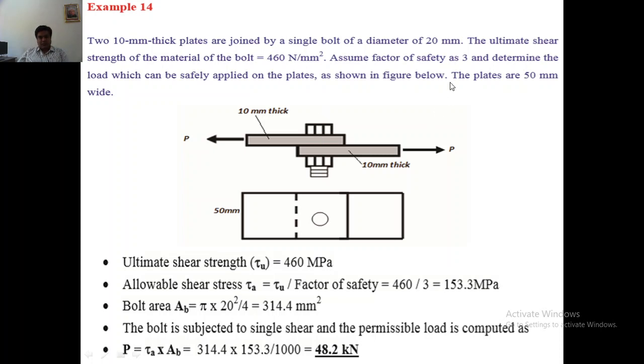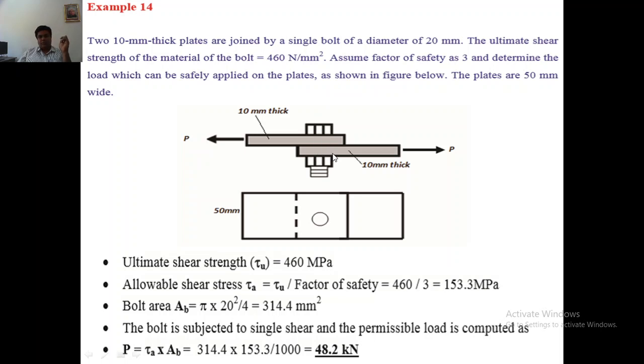So here we have to find out the shear load on the plates so that the bolt can hold this shear load without failure.